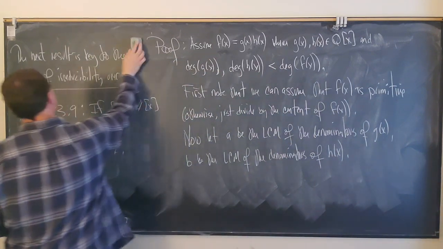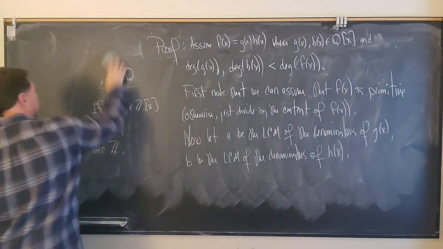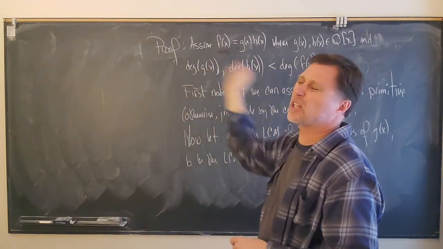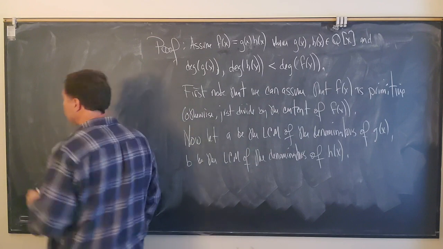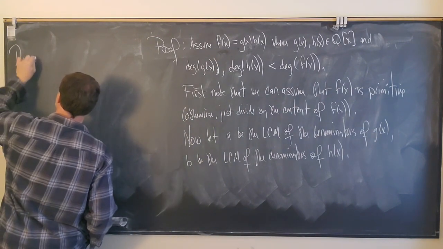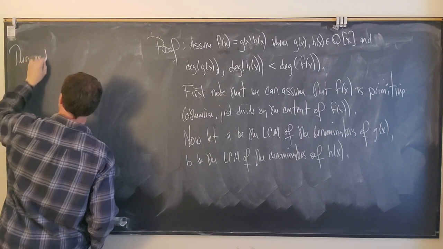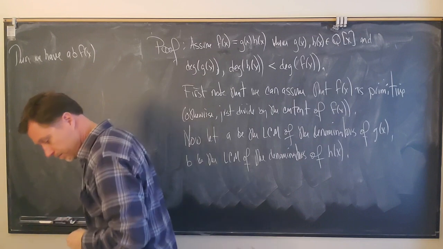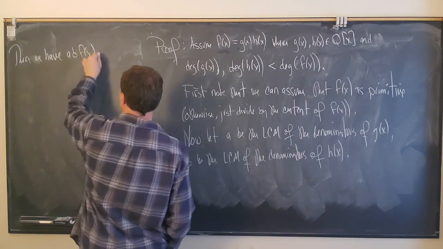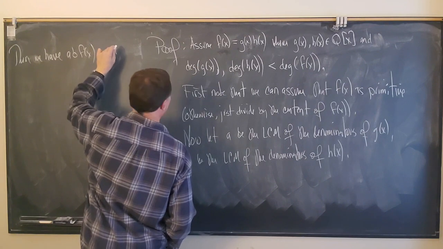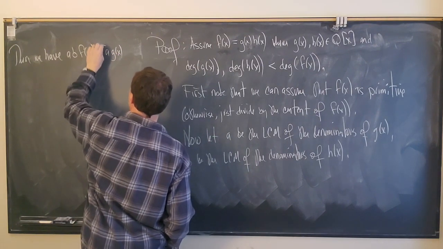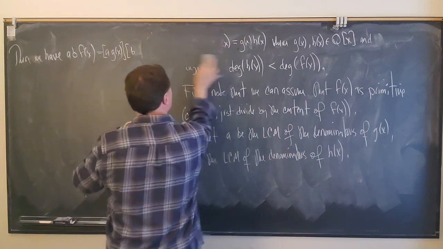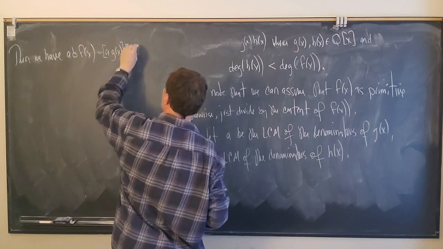Okay, so now I'm going to multiply both sides of this equation by a times b. Essentially, we're going to clear the denominators out. So then we have a b f of x is equal to, and I want to write it this way, a times g of x times b times h of x.